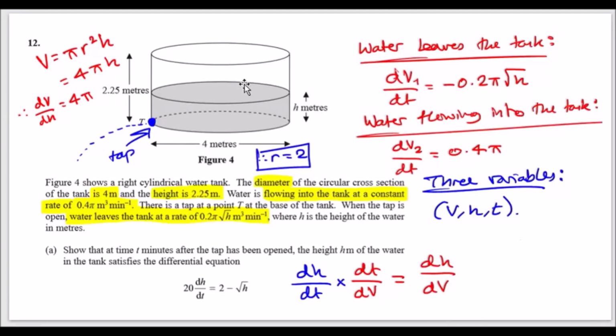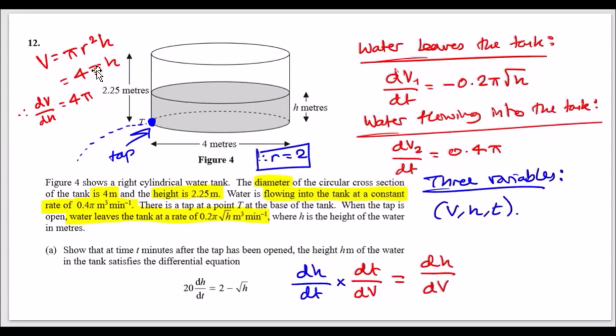To work this out, we need to recognize the volume equation, which is volume equals pi r squared times height. It's pi r squared because you've got the area of a circle, and it's height because we're only interested in the water level. Realizing that the radius was 2, it's going to be 2 squared, so it'll make 4 pi h.